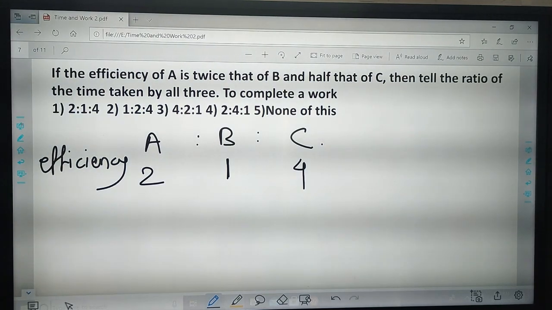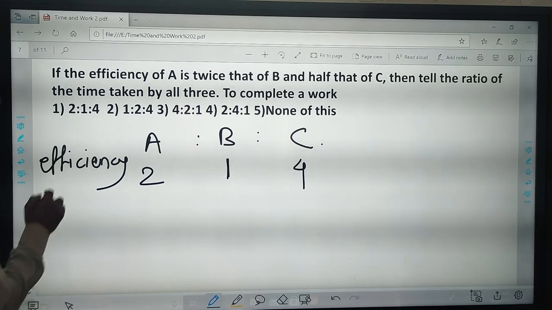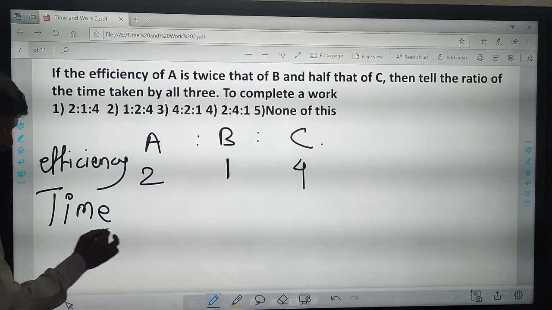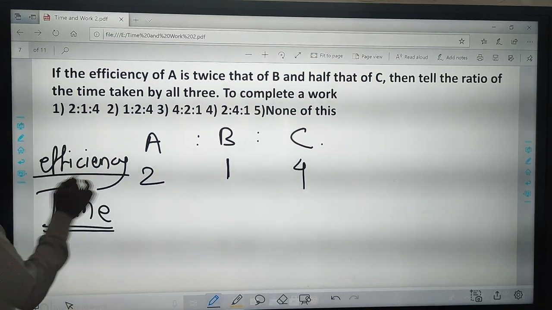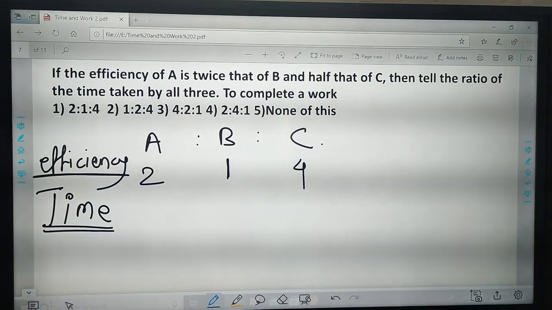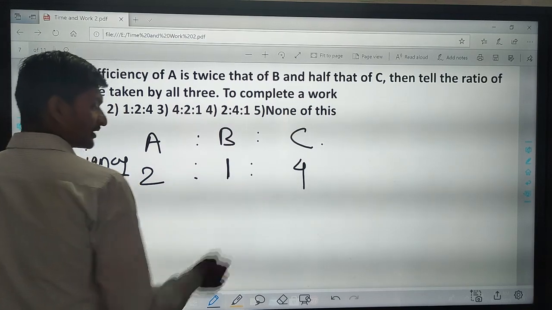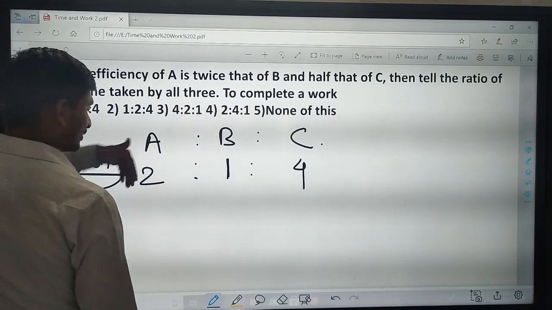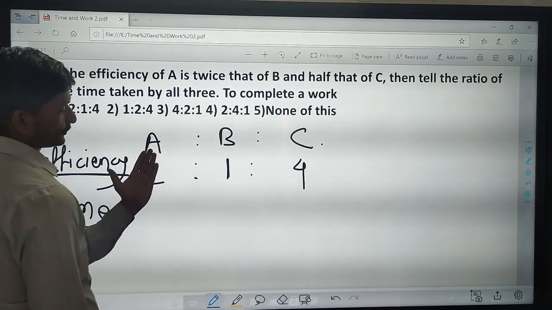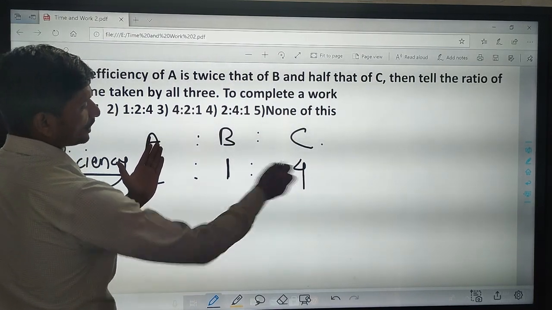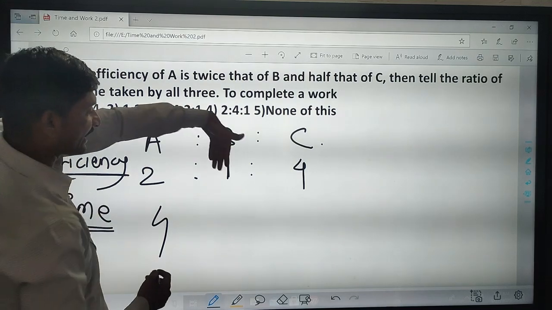Now we find the ratio of time taken by all three to complete the whole work. Now we write the cross multiplication. Time is equal to the multiplication of these two, 1 times 4 is 4.